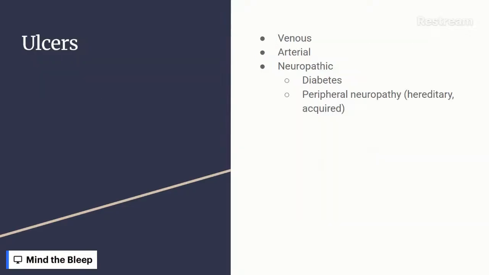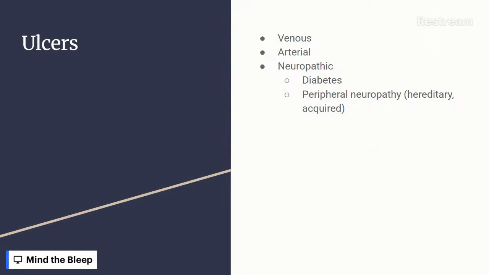Okay, and now Mo will take over for ulcers. Fantastic. Thank you, Hannah. So onto ulcers then. As you can see on the screen in front of you, typically we categorize ulcers based on whether or not they are venous, arterial, neuropathic, and of course there's multiple causes of neuropathic ulcers.